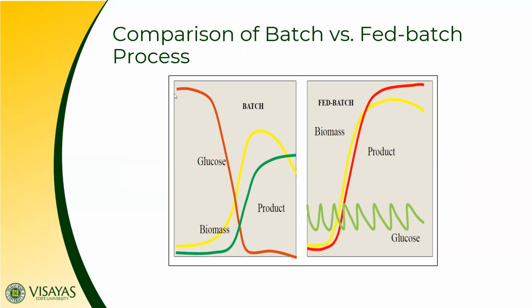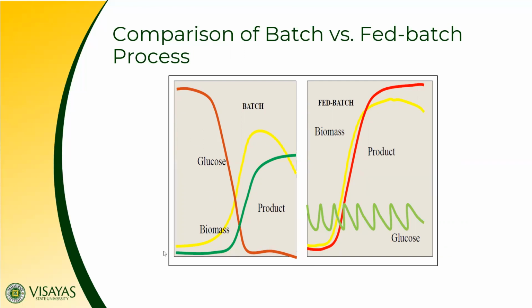So that's the trend of the substrate, which is represented by the glucose itself. There is a decreasing concentration of the substrate until the substrate is already exhausted. When the glucose is consumed, the biomass or the cells of the microorganisms are constantly increasing because they are exponentially growing, actively dividing as they consume the substrate.